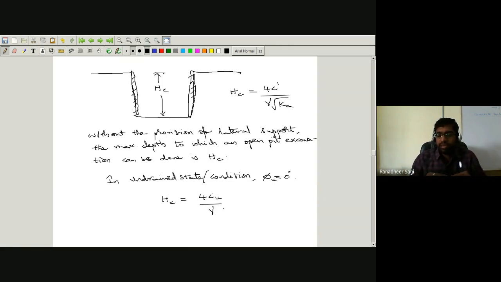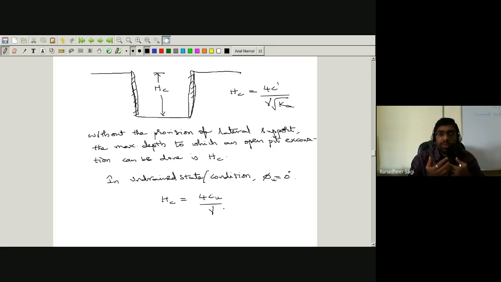If you can recall, I hope I also discussed the same thing when I was talking about slope stability analysis, where I said I can provide a slope which is merely vertical, where beta was the slope angle. So if beta is equal to 90 degrees, what is the maximum depth till which you can have the slope still stable?